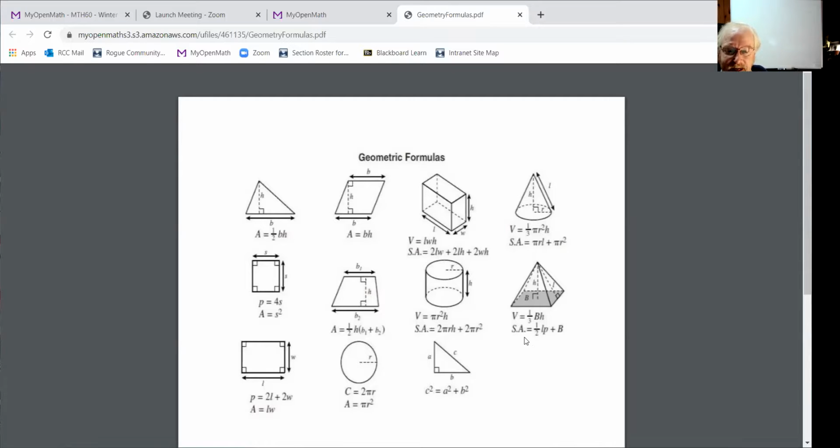And this SA, surface area. There might be one problem where this is a formula for surface area, but it really can be broken down into what all the different sides are, and then add them together. Here's a circle on top and a circle on the bottom, so there's 2 times pi r squared, 2 times the area of a circle.